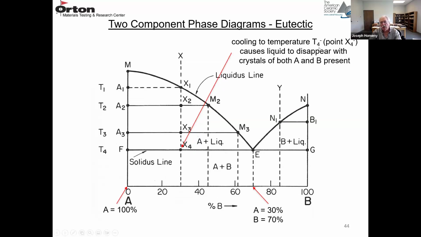So then we'll call this temperature T4 minus, that point X4 minus. So we just go below temperature T4 or just below point X4. As soon as we go below the solidus line, we no longer have liquid. All the liquid disappears, and now we have crystals of both A and B present because we're in the AB phase field.